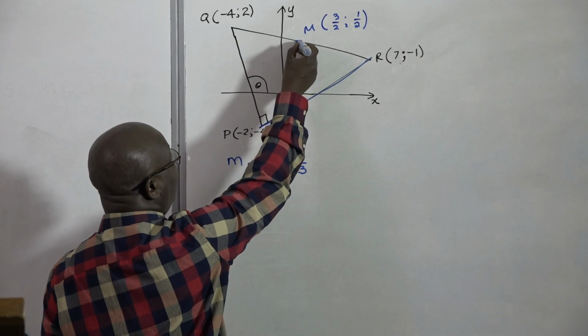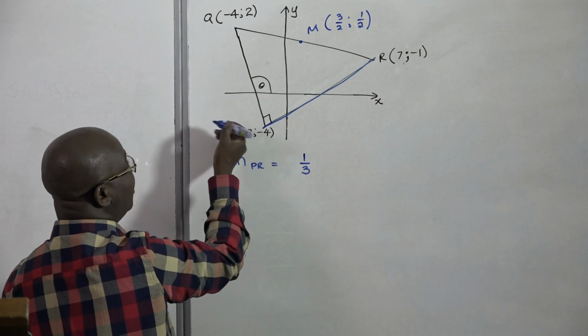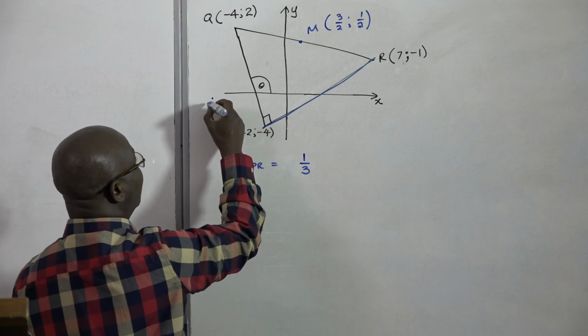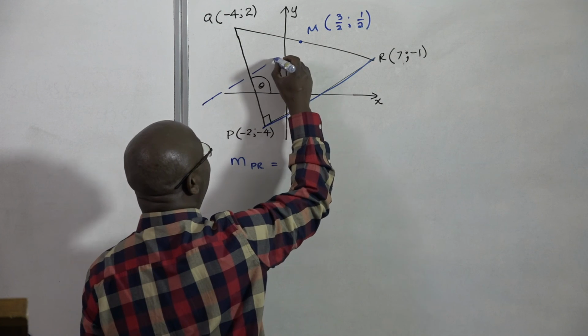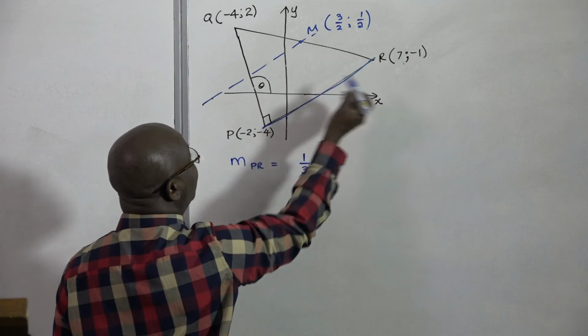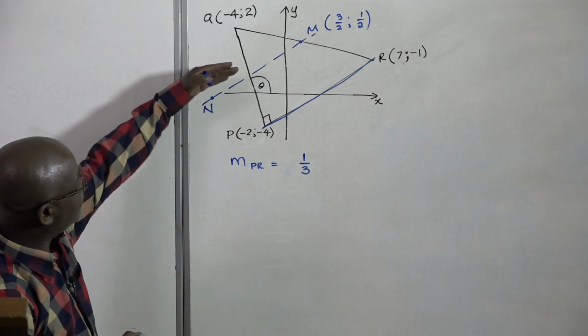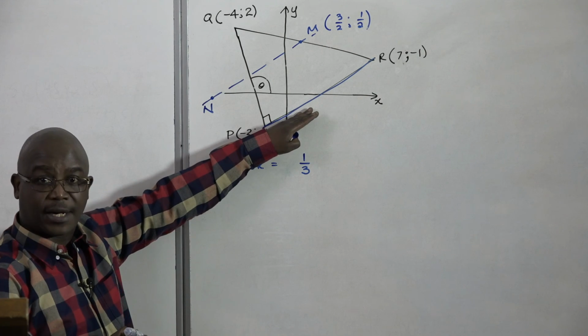It will pass through M, the midpoint of QR, and pass through another point, N, somewhere there. And this new line is parallel to that line.